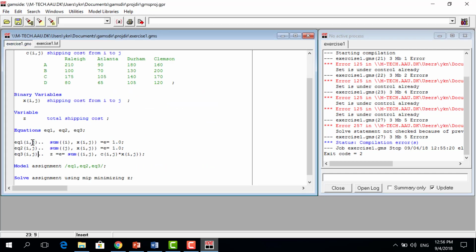So here we delete I, because it is already controlled. Similarly, we delete J here, and also here, because it is already defined, we do not need it anymore. Okay, let's run this model by pressing this button, or just press F9. But I prefer pressing this button.